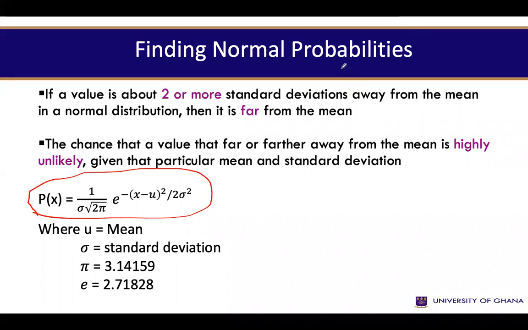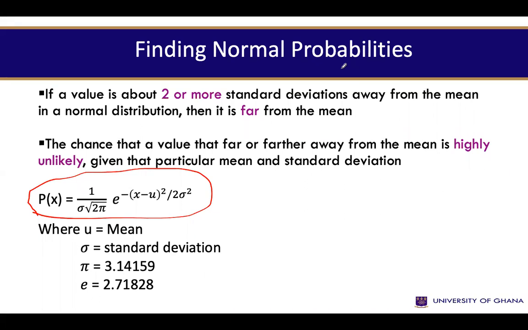As you can see here, the relation is a bit complex, and integrating this kind of expression is quite a tedious job. So as far as this course is concerned, and as far as many probability theory courses are concerned, when it comes to normal distribution, we hardly use this relation.